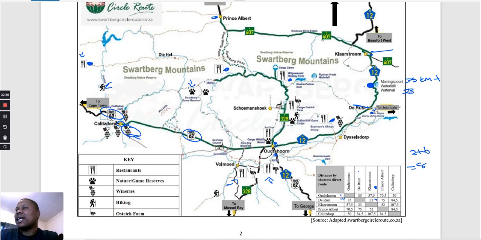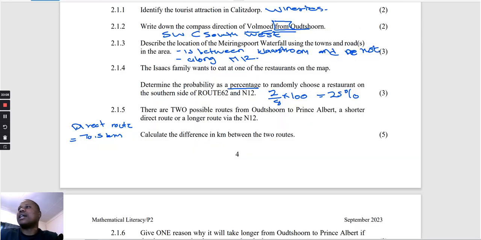Then now we are here. Let's go to Prince Albert. We're gonna move from here to Prince Albert. When we check Prince Albert, that is 52. Then we add 52. So let's go and write it clearly. There is the long route. Let me write it like this.